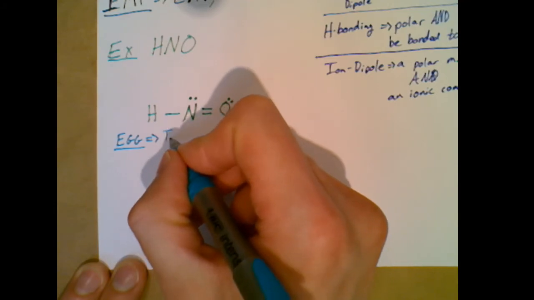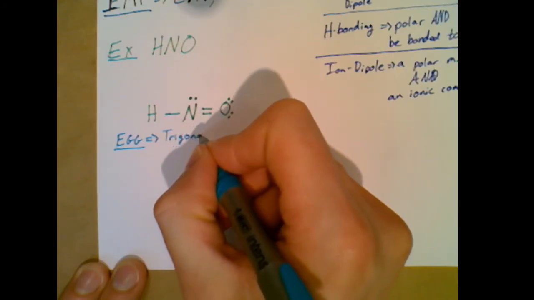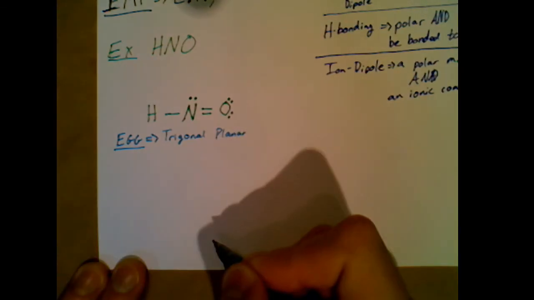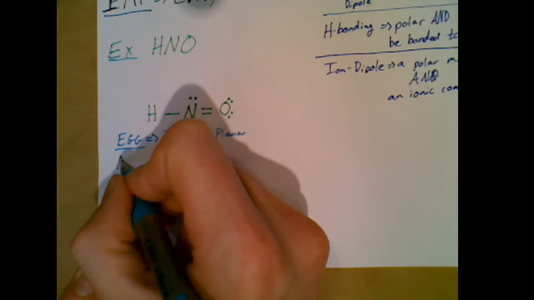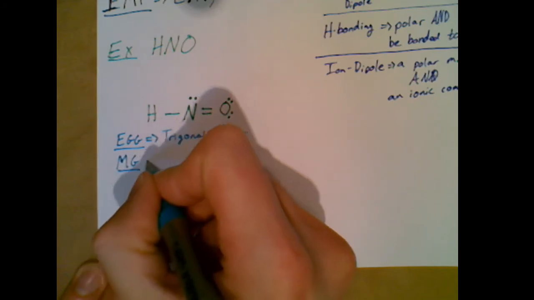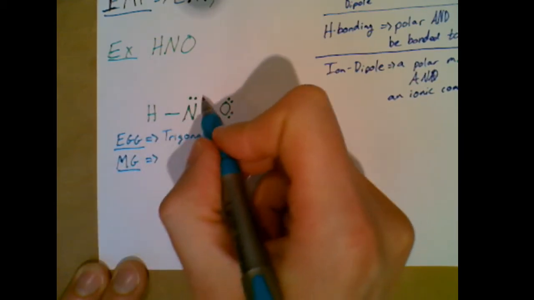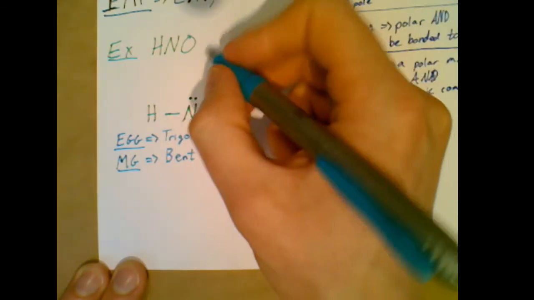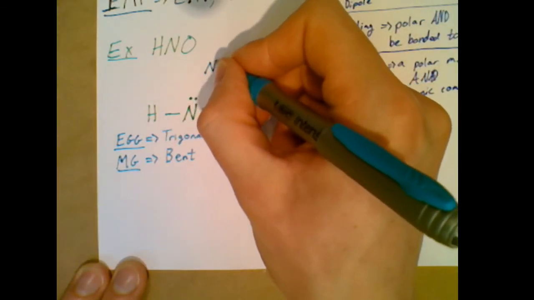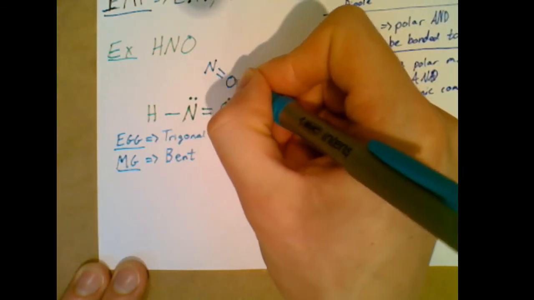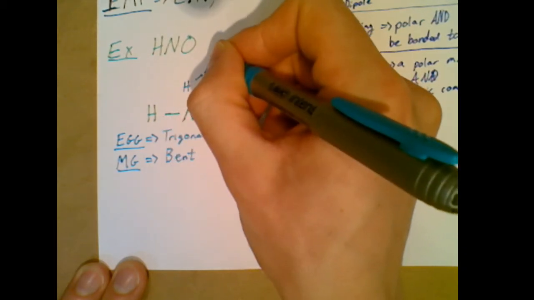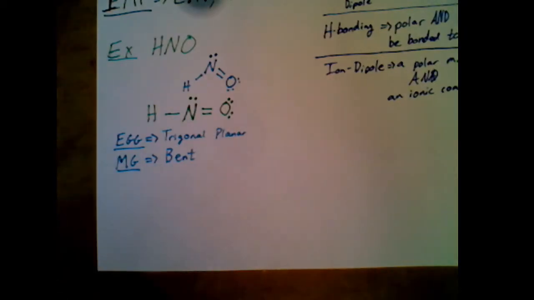That makes the electron group geometry trigonal planar. You then have the molecular geometry, because it has one lone pair, of being bent. So I'm going to redraw this really quickly. So you have nitrogen, oxygen down here, hydrogen down here, lone pair over here.